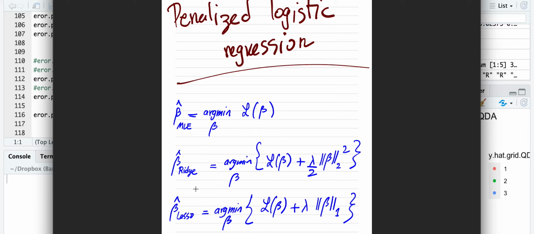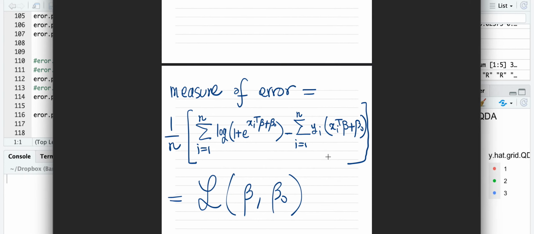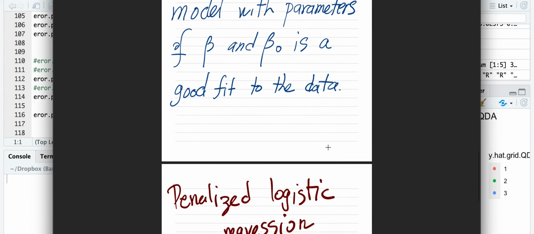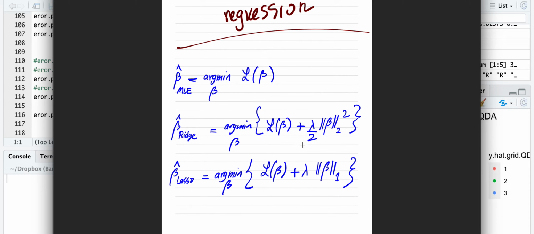So our focus is not linear regression or regression in general in this video lecture, and therefore I will use the general form of the loss, which for logistic regression is this term, the negative log likelihood, and for linear regression is the mean squared error.